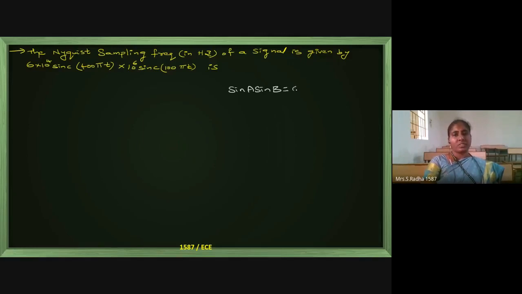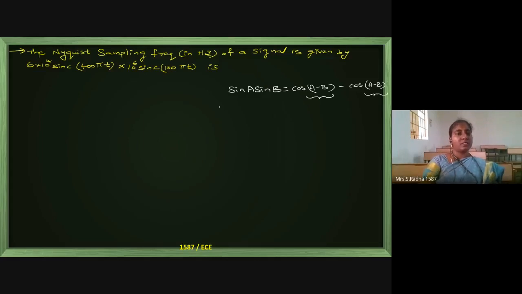We are not bothered whether the minus term or plus term comes first. We are bothered only about the angle. One term will have A minus B, another term will have A plus B.